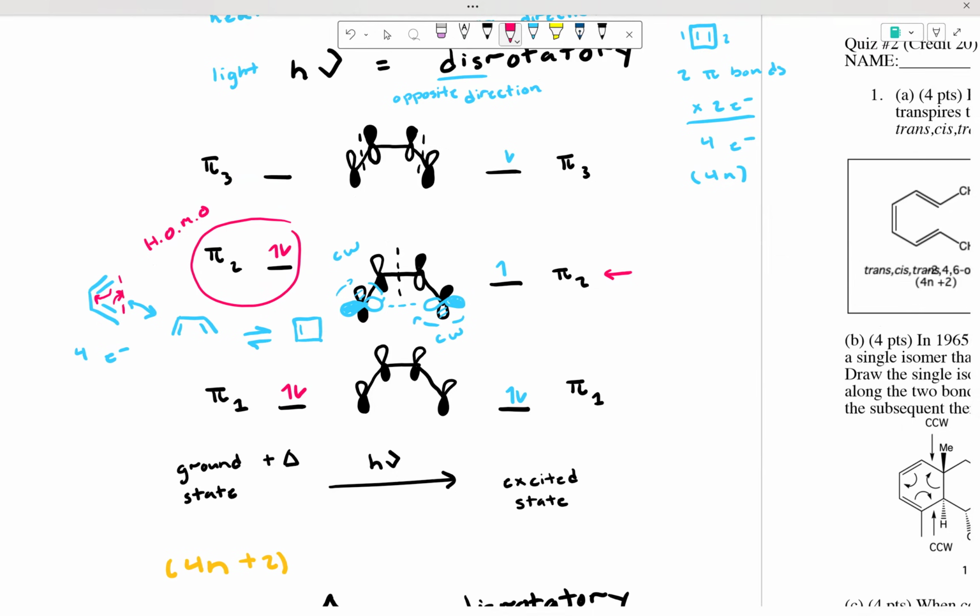It's almost synonymous to a radical, if you want to think about why it's unstable: there's only one electron in each molecular orbital, and there's an electron in a higher molecular orbital, which means it's higher energy.